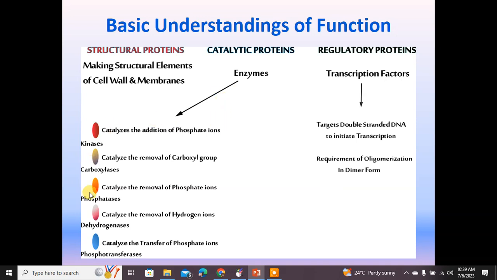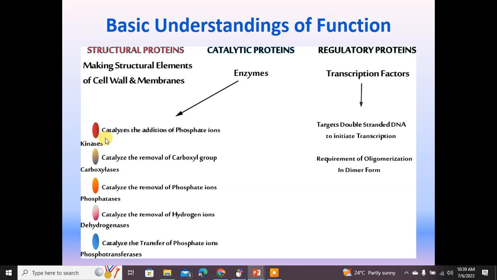Coming to this part, at the start of this slide I told you that by knowing the name of a protein you can guess its function. And that guess will not be so much wrong. In fact, it will be right.